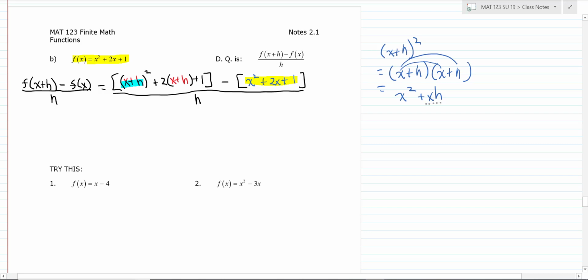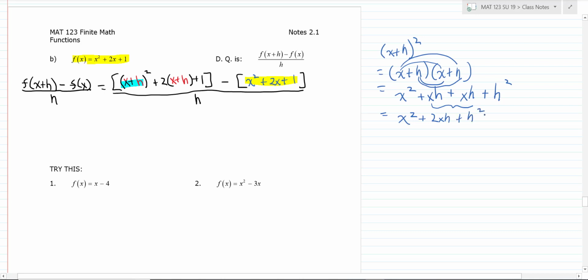Doesn't matter what order you put that in. The inside term is hx or xh. That's up to you what order you put that in. Then the last term is h times h is h squared. Now these two things here are like terms, so there's 1 plus 1, so you would have x squared plus 2xh plus h squared.